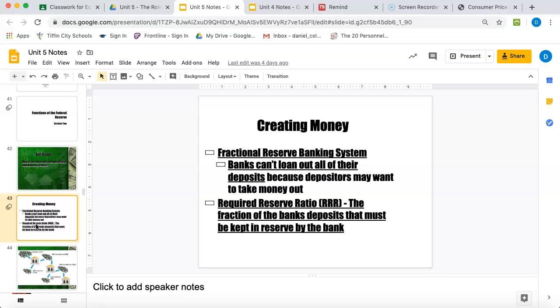The rest of the money the bank lends out in loans, which are then paid back with interest. Now, the Federal Reserve can change these reserve requirements in order to grow the money supply or shrink the money supply.